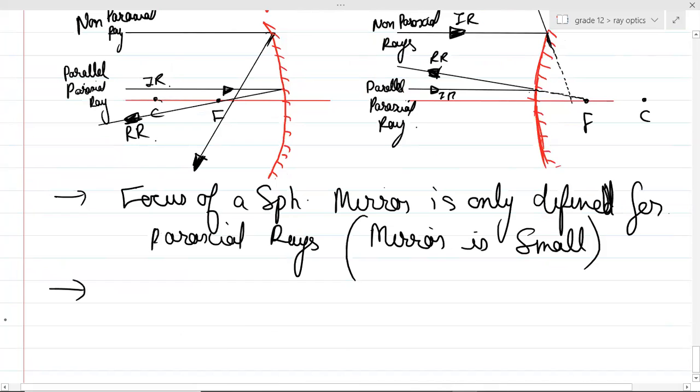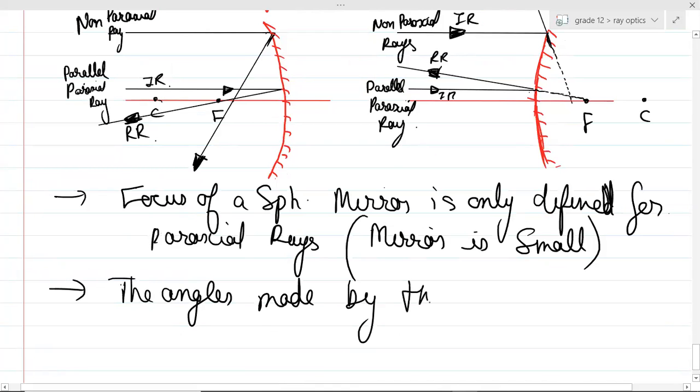Anyways, what is the point of paraxial rays? We apply the concept of paraxial rays by using this. If the rays are very close to the principal axis, then can I say that the angles made by these rays will be very small, right?